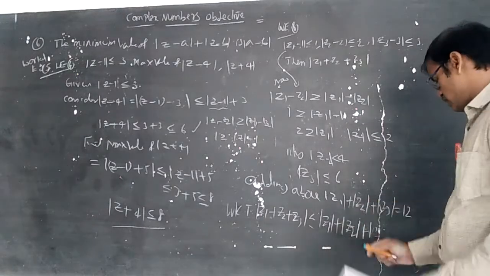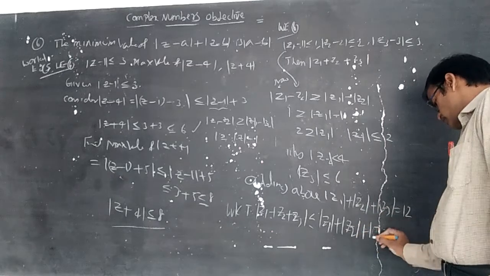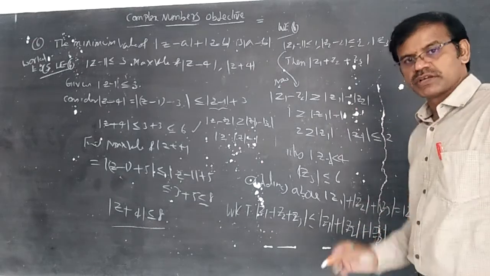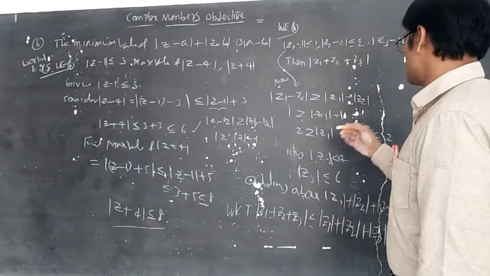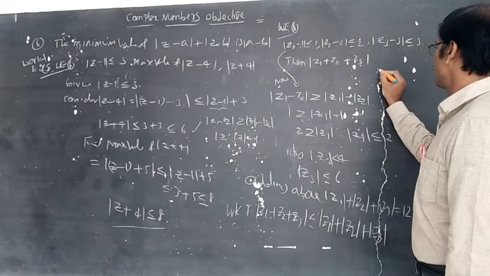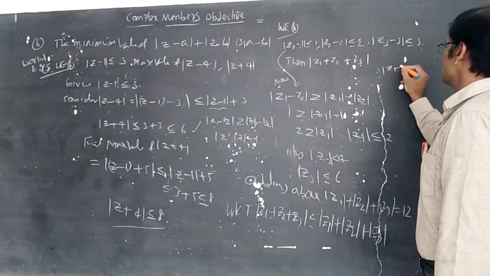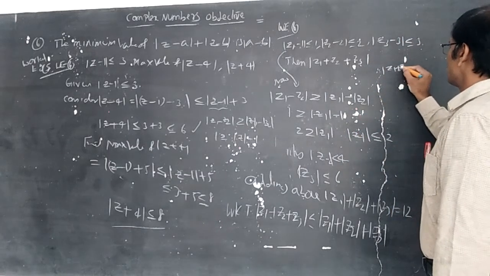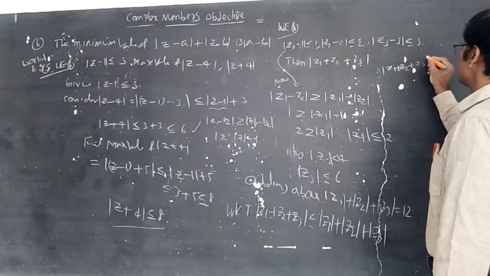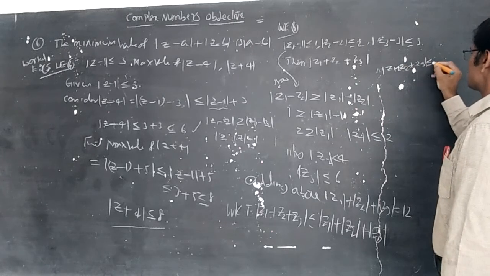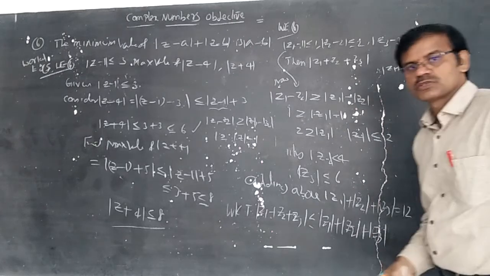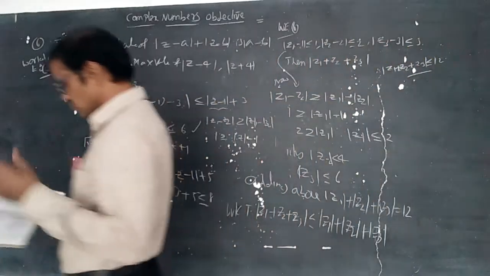That implies modulus of Z1 plus Z2 plus Z3 is less than or equal to 12. 12 is the answer. Maximum value is 12.